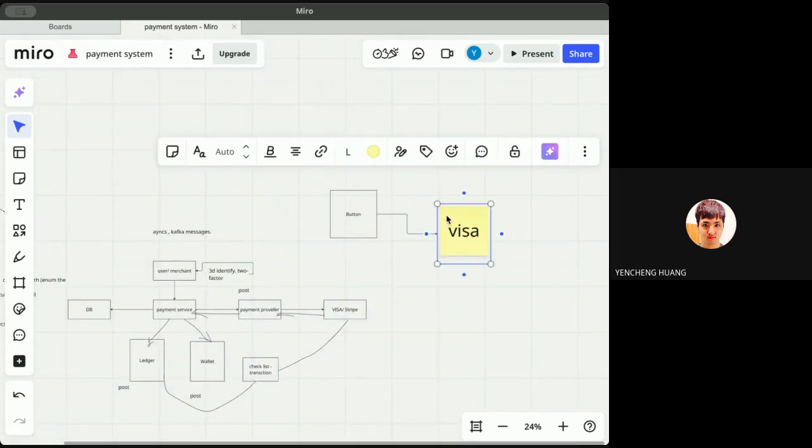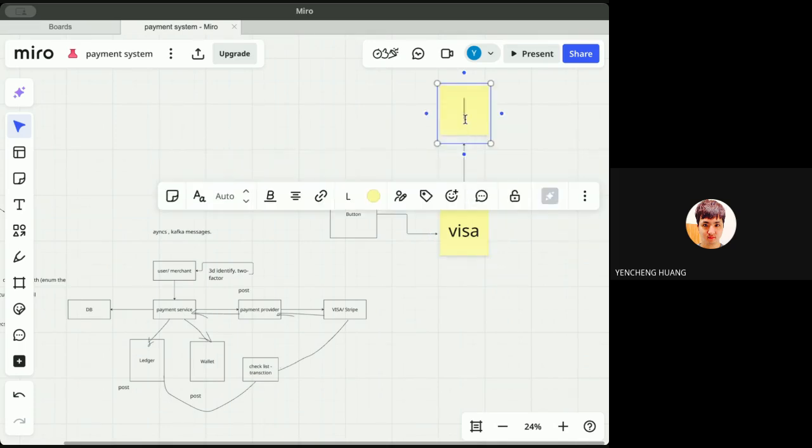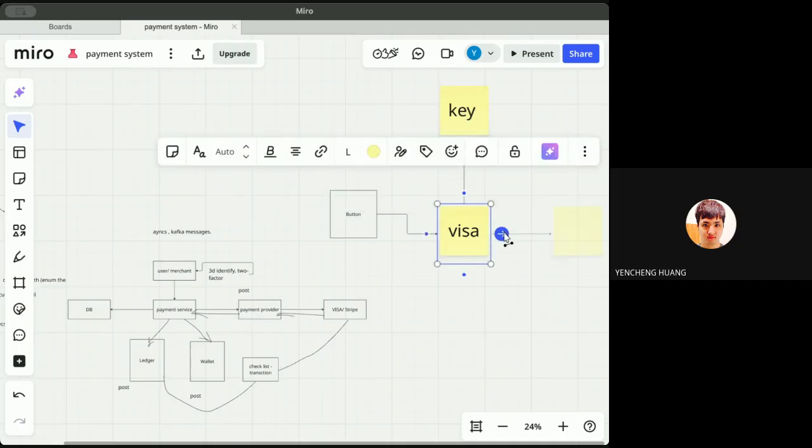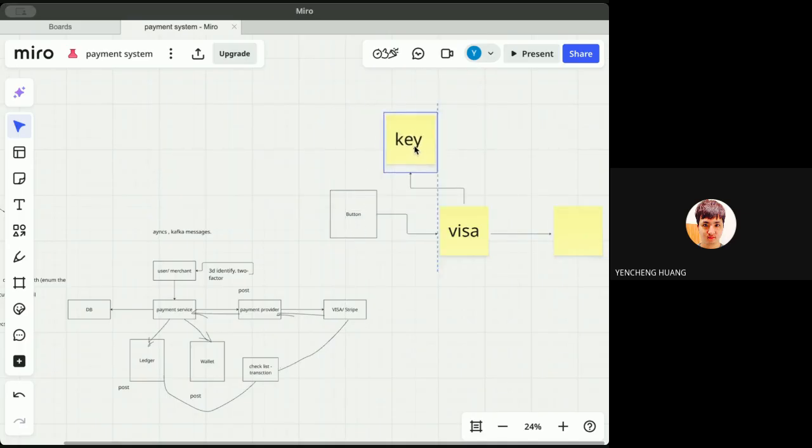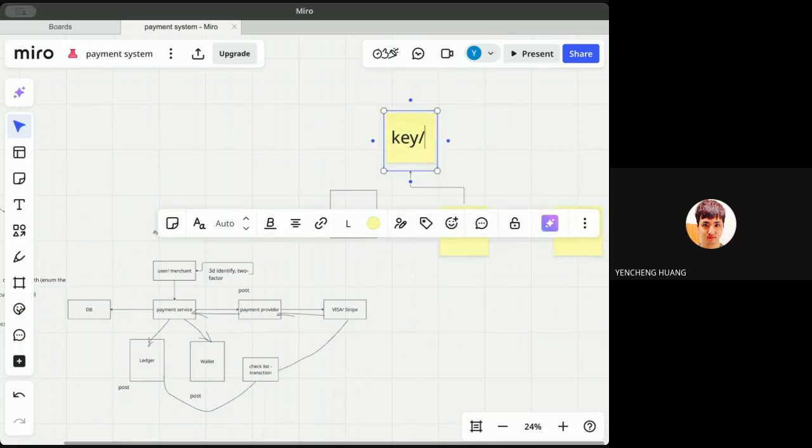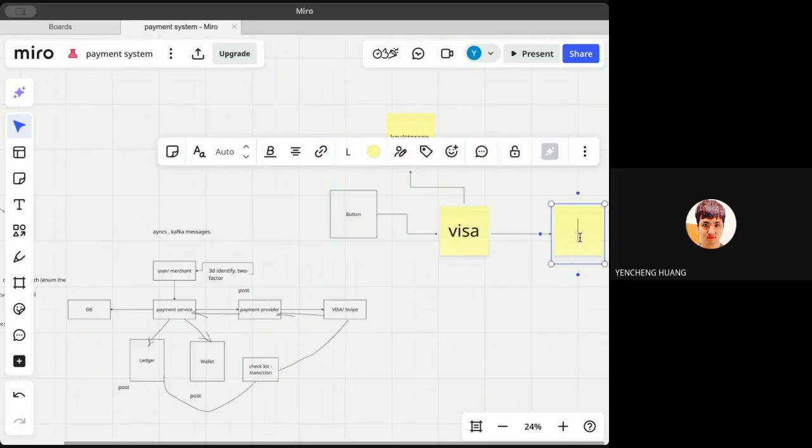And we got a response to the key, and Visa has to verify it. We got the key to the storage, and Visa has to verify if it's available or not.